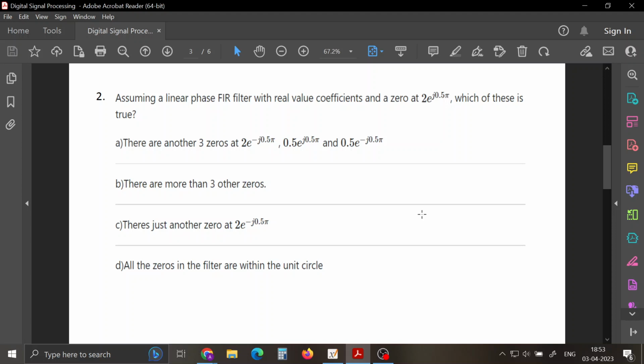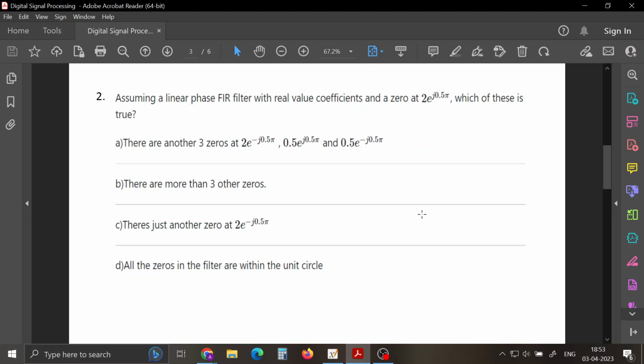So if you recall, for a linear phase FIR filter, let's say we have a 0 at some z equals z naught.